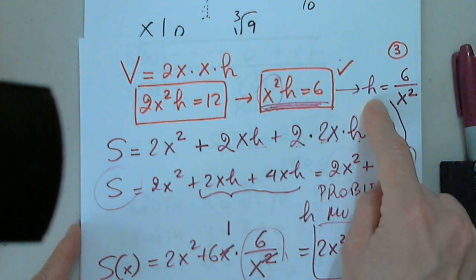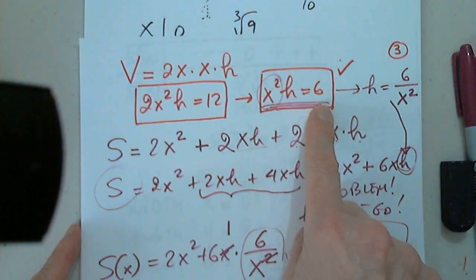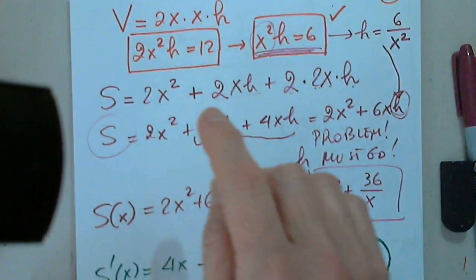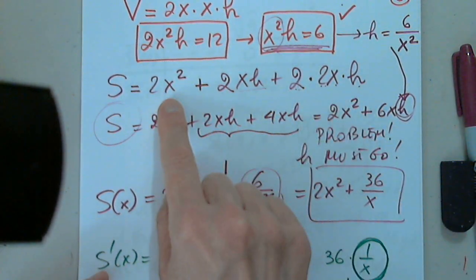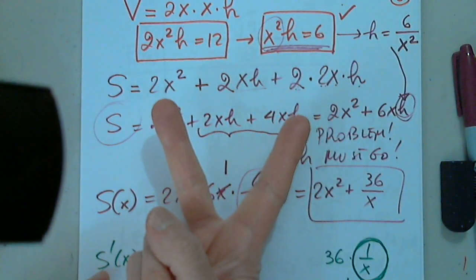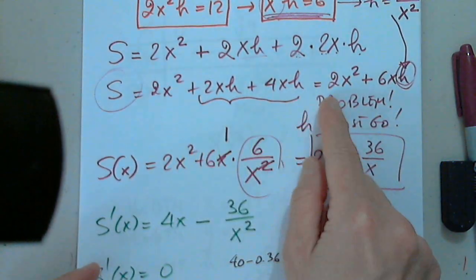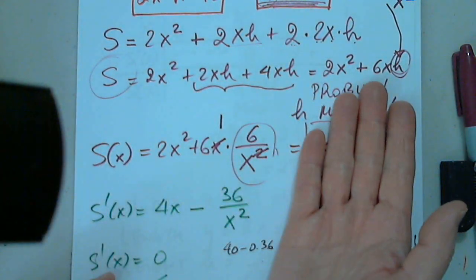We eventually needed to solve this equation for h, dividing both sides by x squared, 6 over x squared. We created the function called the surface area. The area of the base plus 2 the sides plus 2 other sides, and simplified. We realized that we cannot differentiate because we have 2 variables.